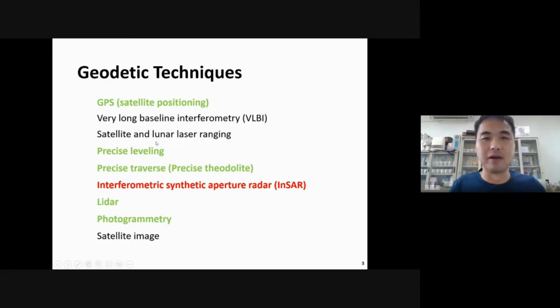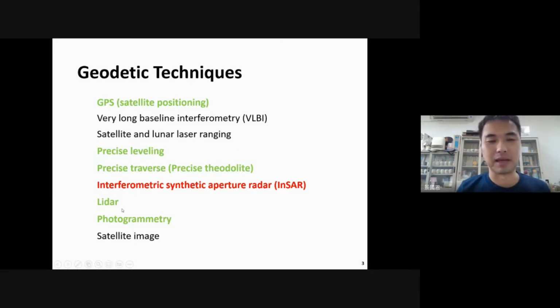There are also VLBI, SLR, leveling, traverse, and InSAR, which is the key of this lecture. There are also LiDAR, photogrammetry, especially close-range photogrammetry, and satellite images. So we have many kinds of techniques that can help us identify surface deformation.